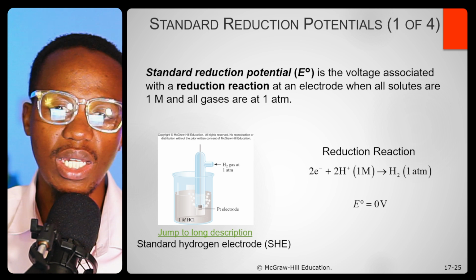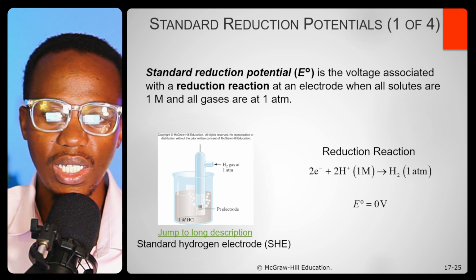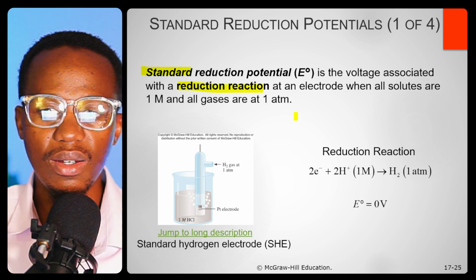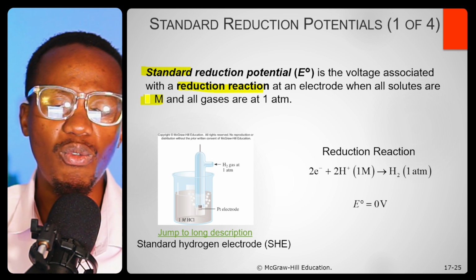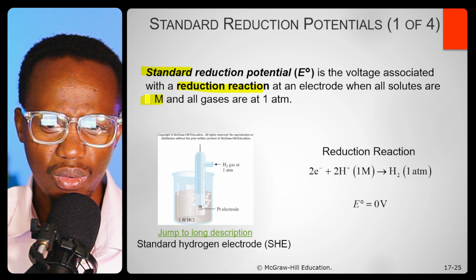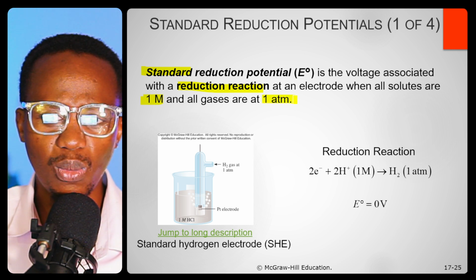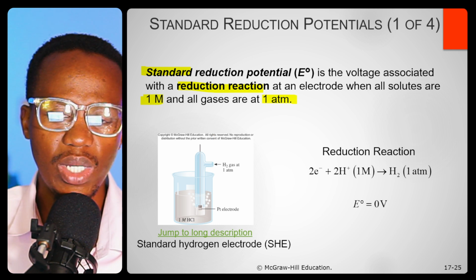So the standard reduction potentials are going to be the voltage associated with the reduction reaction, and they are standard. When they are standard, it means that these are reduction potentials that were measured when you have 1 molar of all the reactants, at 1 atmosphere at 25 degrees Celsius, right?